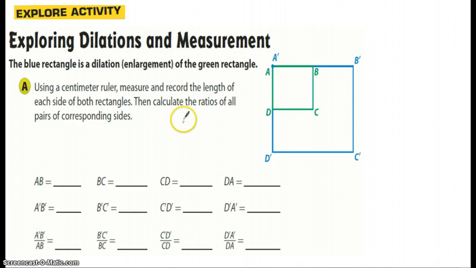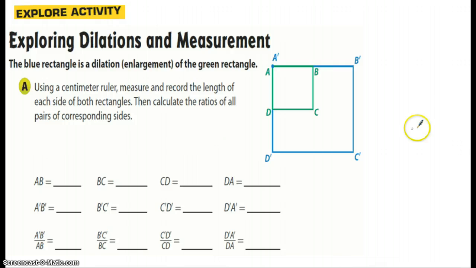So if you could, let's go back with our rulers and record the measurements for green. Do green first: AB, then BC, then CD, and then DA. Once you do that, come back and do blue: A prime B prime, B prime C prime, C prime D prime, and D prime A prime.